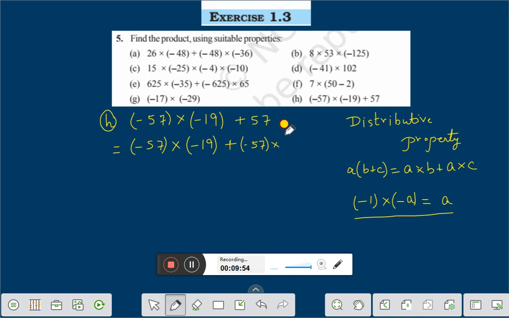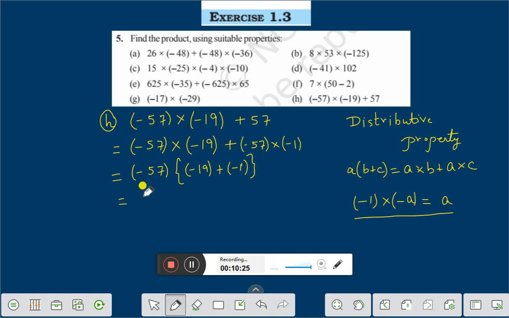Now you see that minus 57 is common in both, so we take it out as minus 57. In bracket we are getting minus 19 plus minus 1. Bracket close.